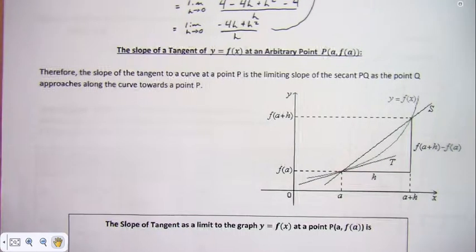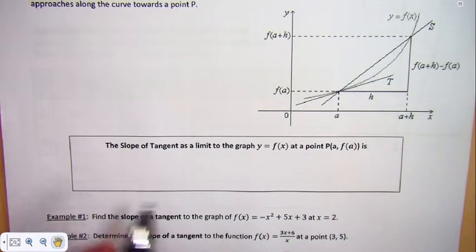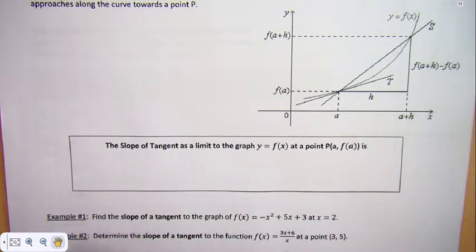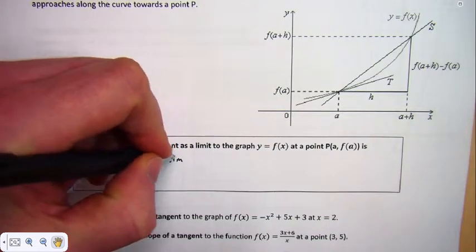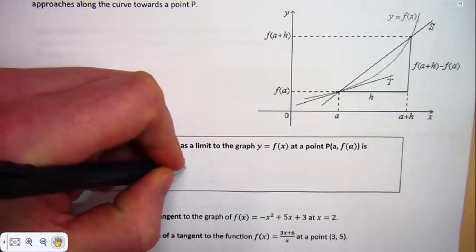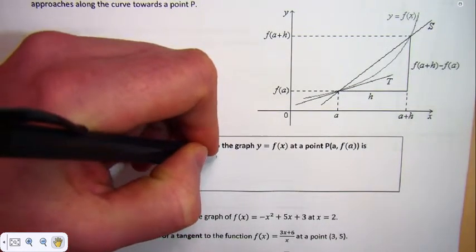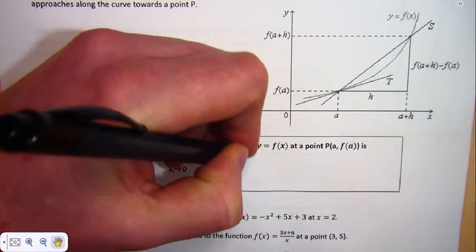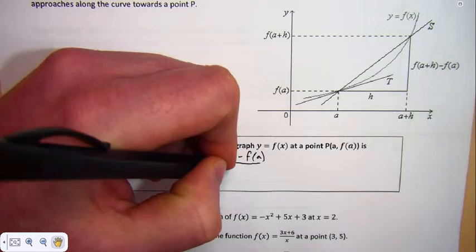Okay, so in general, if we scroll down to our box, the slope of a tangent as a limit to the graph y equals f of x at a point where x equals a and y equals f of a, you're going to say, well, that equals the limit as h approaches 0 of f of a plus h minus f of a, over h.